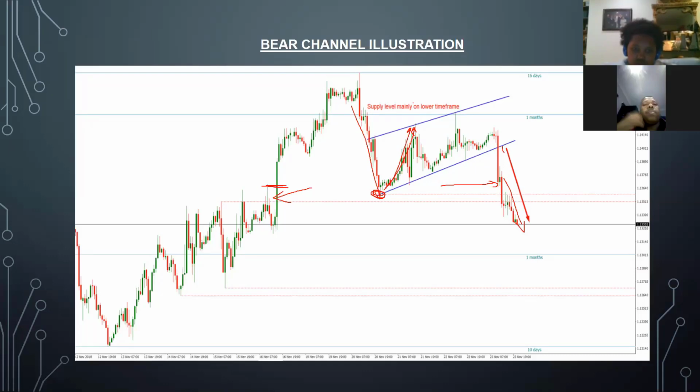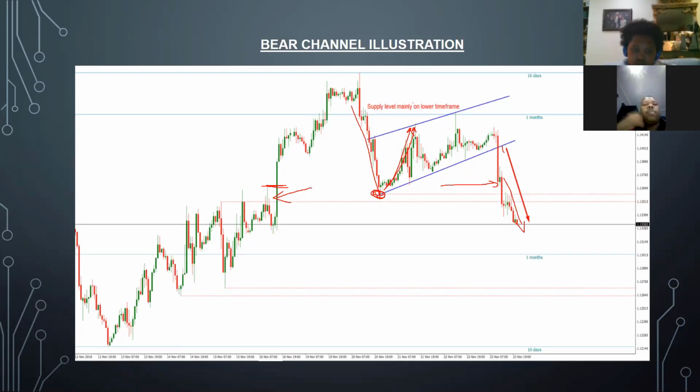If the market is moving in an uptrend, then you look for bull channels. If the market is moving in a downtrend, then you look for bear channels, so that you trade in the same direction of the market. So it's going to take a bit of practice. It takes a bit of practice to be able to highlight channels, but they are very powerful.